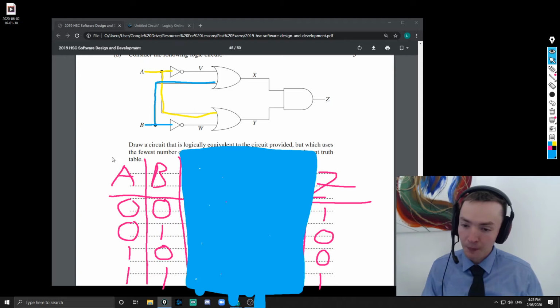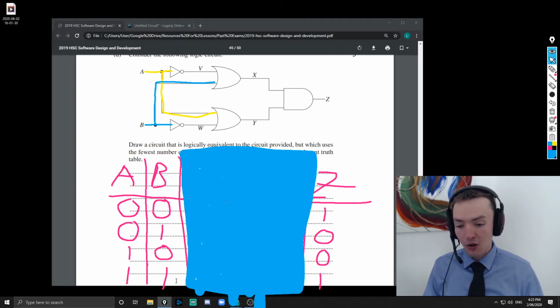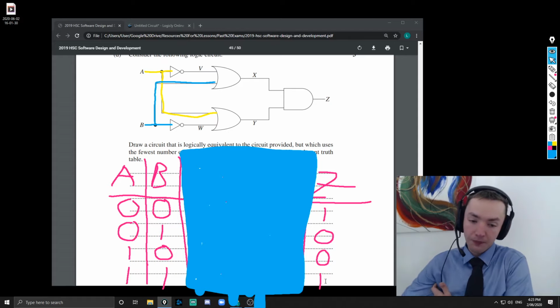So let's look. If A and B are off, then Z is 1. If either A or B are on, then Z is off. And if both A and B are on, then Z is on.